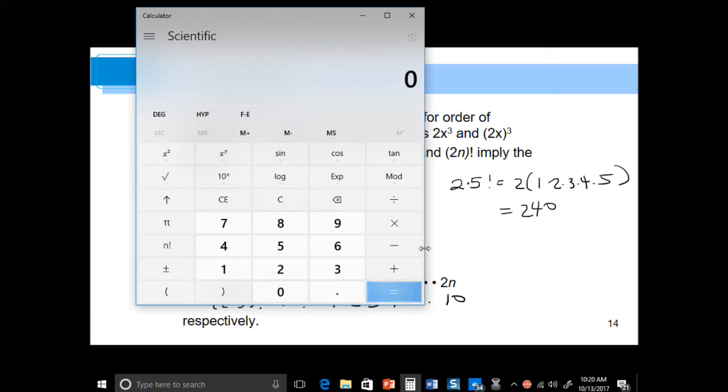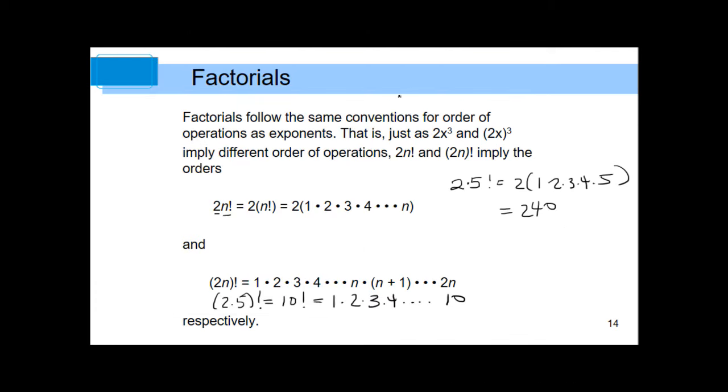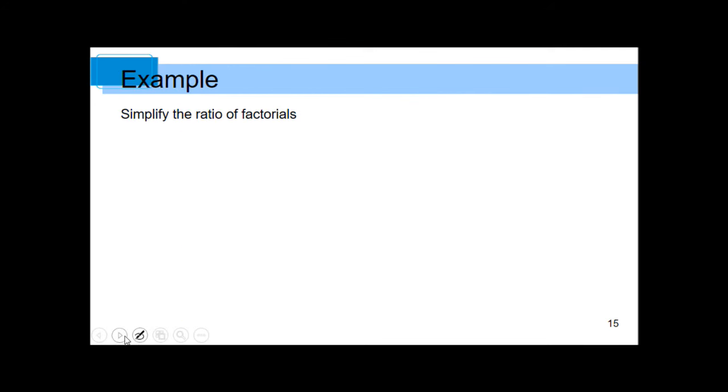Trying to see if I have it on this calculator. Oh yeah, here it is. So 10 factorial is 3,628,800. Very big, much larger than 240. So it's real important that we recognize the correct order of operations. All right, so that's what factorials mean.